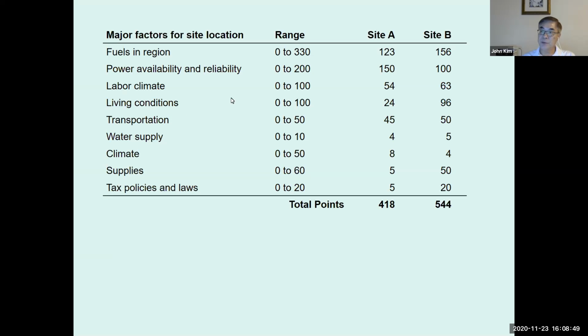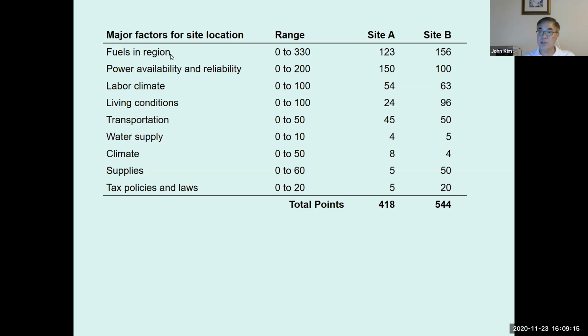Example here. Maybe this one is a plant or a warehouse, with two candidate locations. Then the factors: fuels in region.